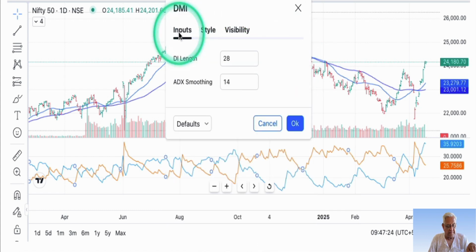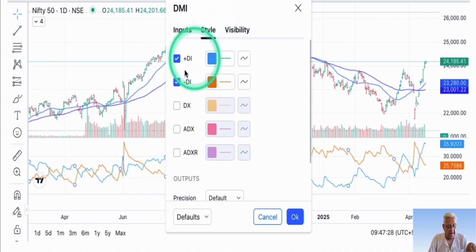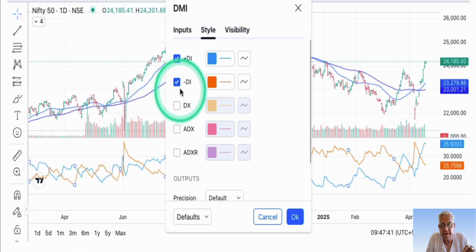In inputs, I have changed it from 14 to 28, and in style I have removed all the others, leaving only the plus DI, that is the positive directional indicator, and the negative directional indicator, minus DI.